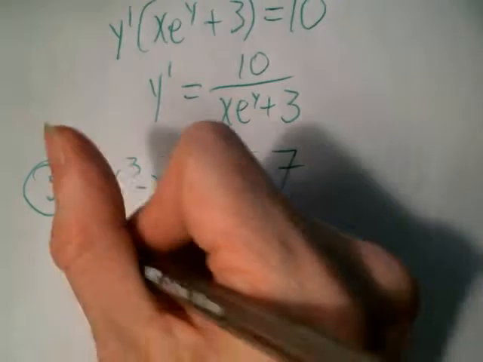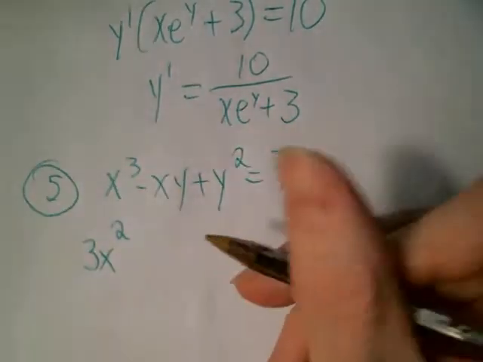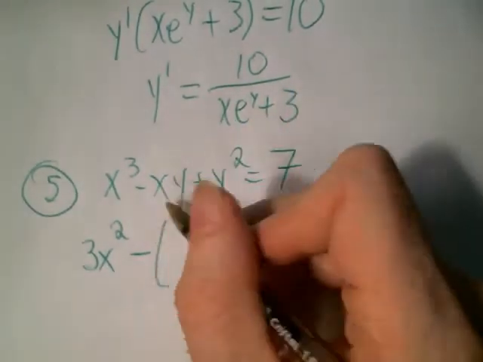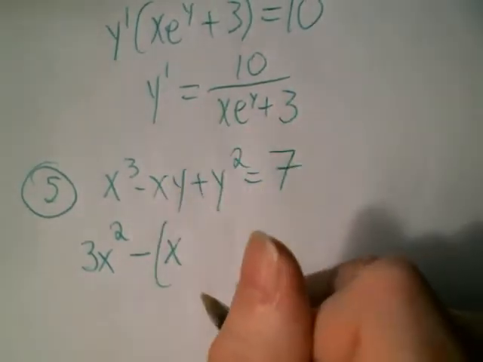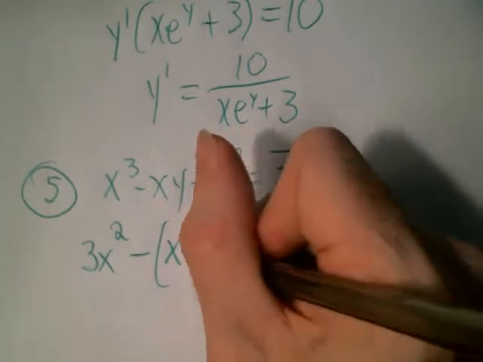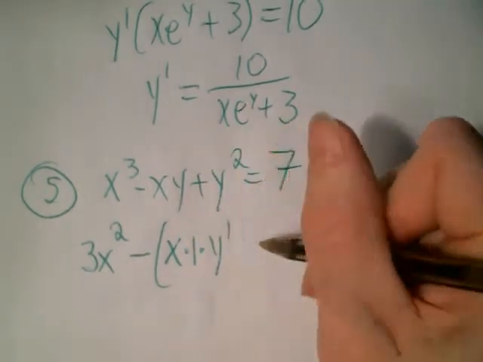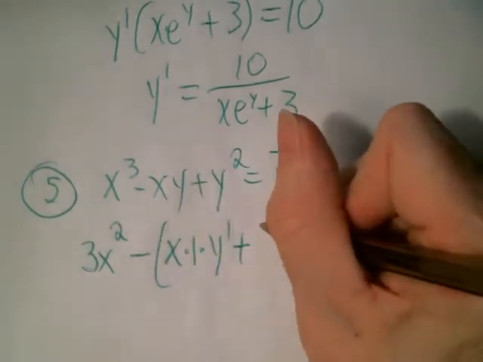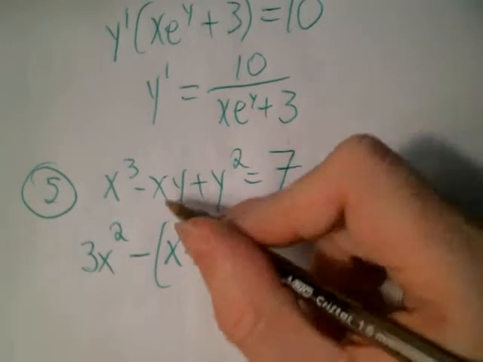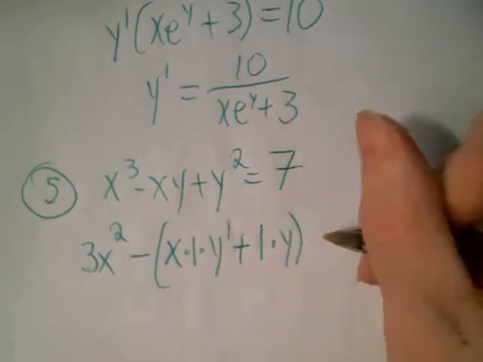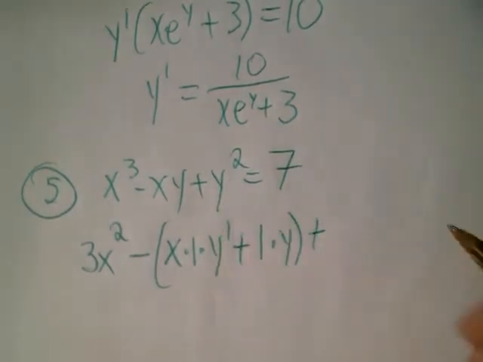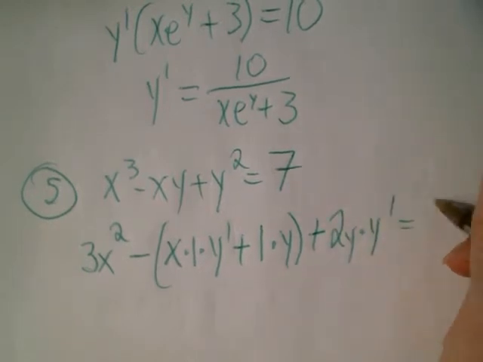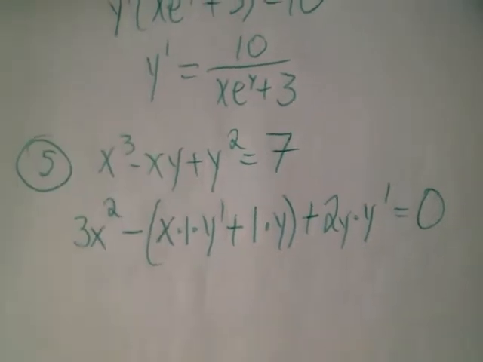Okay, so the derivative of x cubed is 3x squared minus this thing, and we need a product rule, so leave x alone times the derivative of y, which is 1, and then times y prime, plus leave y alone, take the derivative of x, which is 1, and then times the y, plus the derivative of y squared is 2y times y prime, and then the derivative of 7 is 0.